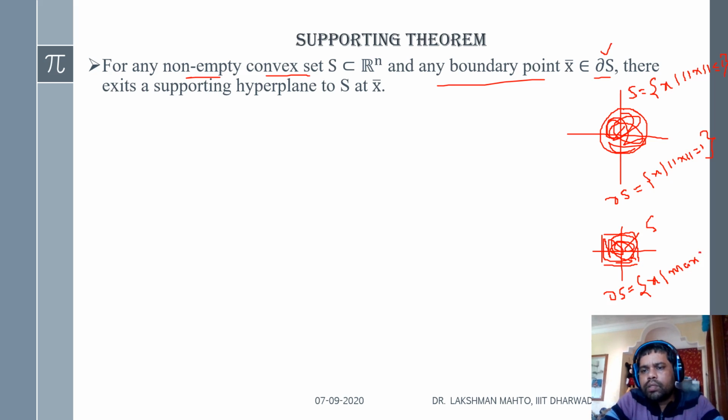We say that the max of the magnitude of the x1 coordinate and the magnitude of the x2 coordinate must be equal to 1.